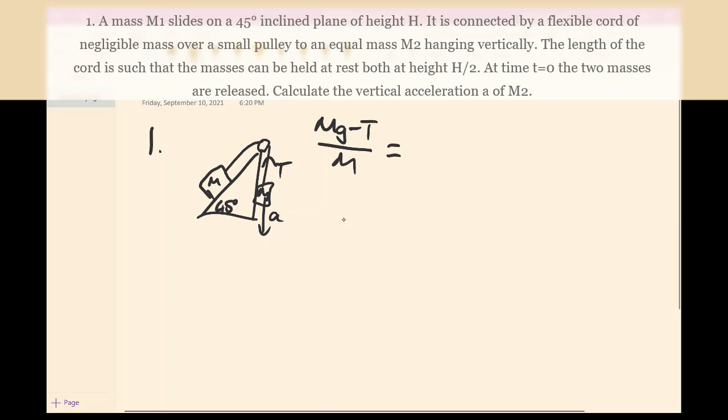And then since the string doesn't change length, the acceleration of m going up the incline has to be the same as this mg minus T over m. And since this tension is the same, it's also T, then it's T minus the backwards acceleration that comes with gravity.